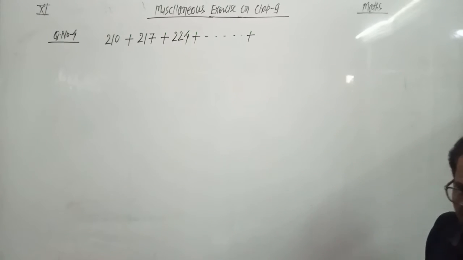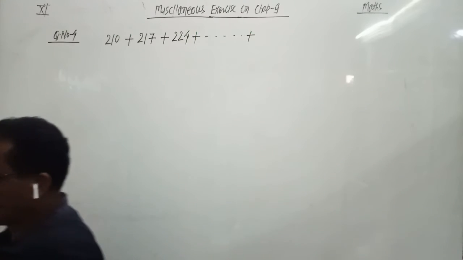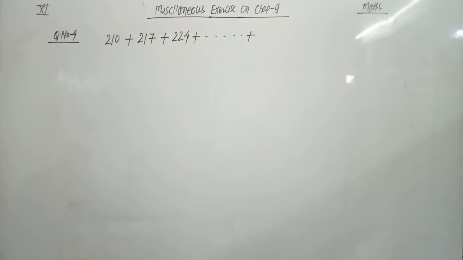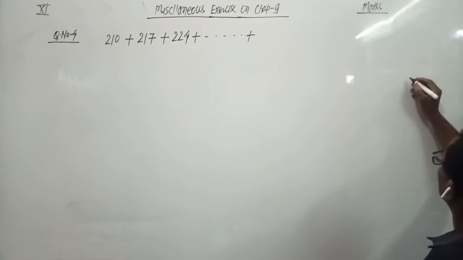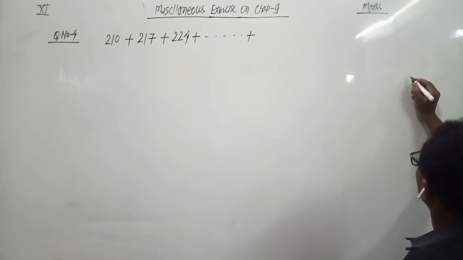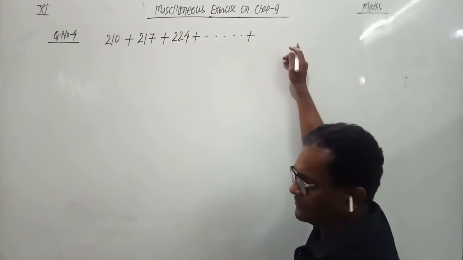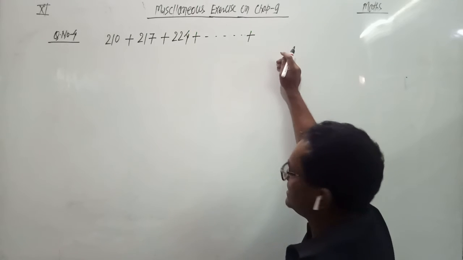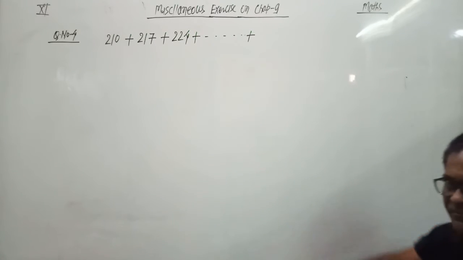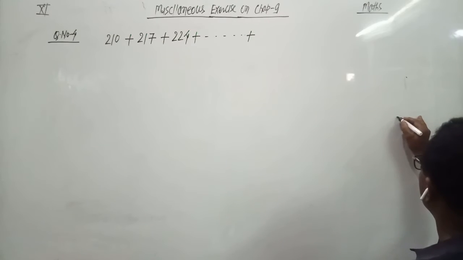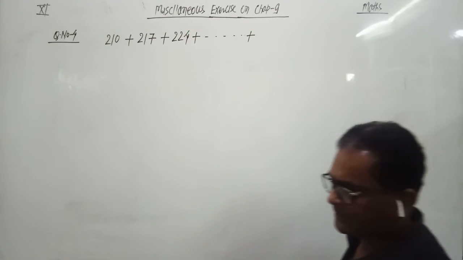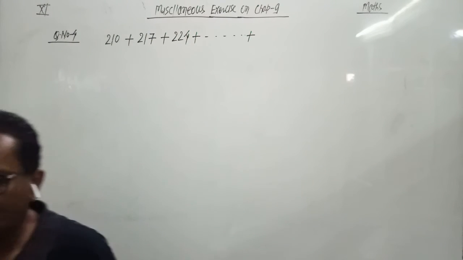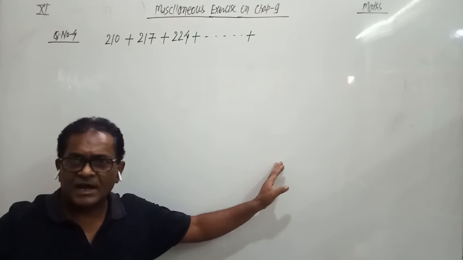The number just before 400 which is divisible by 7.